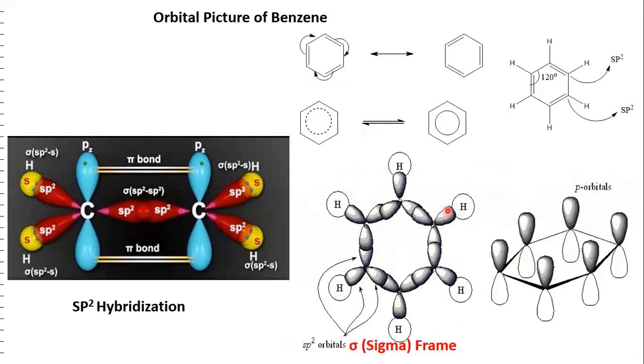Here you can see the p orbitals of the carbon atoms standing, which form a pi bond. Suppose this is your horizontal plane and the p orbital is present vertically. So you can see the p orbitals sharing pi electrons with each other to form a pi cloud.